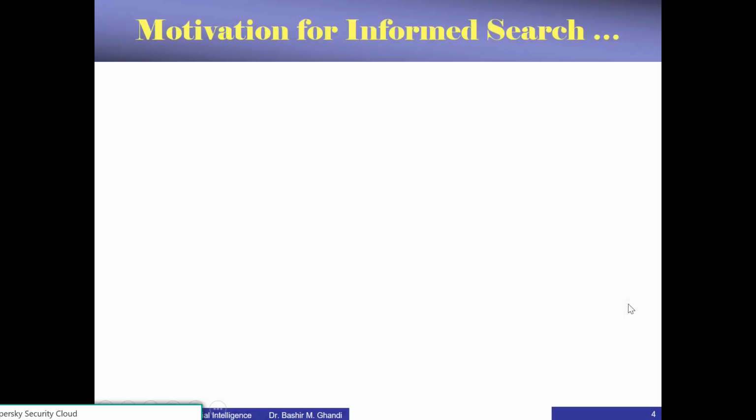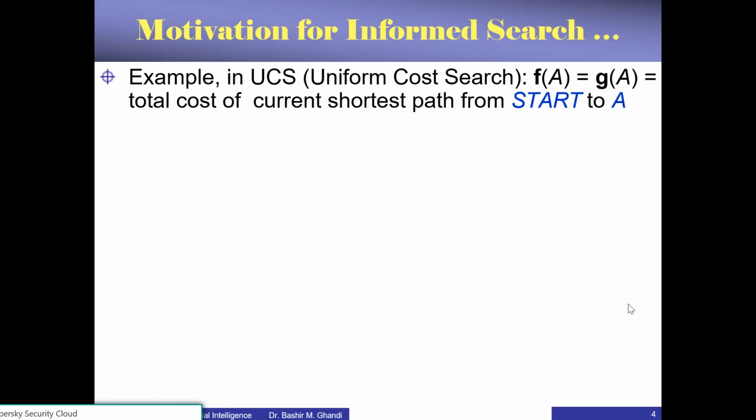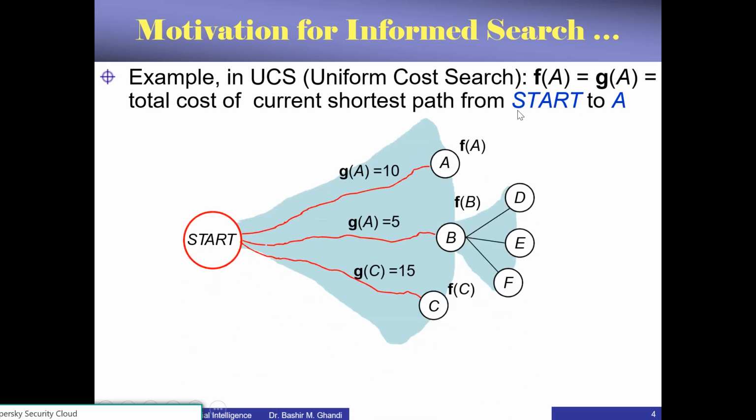For example, if you take UCS, uniform cost search, that f is actually what we call the function g. The function g here is the total cost of the current shortest path from the start to the current node. If you look at the diagram, g is only telling you the cost from the start to A, which is 10.